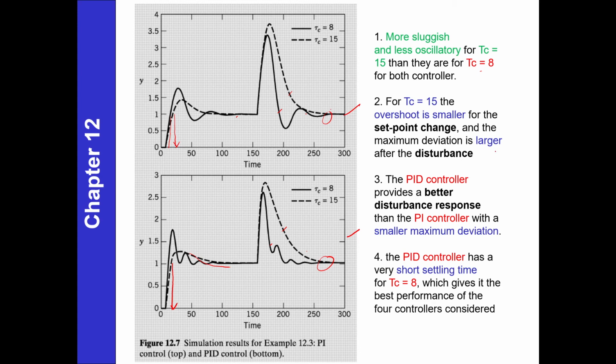The second one is divided into set point change and disturbance change. This graph can be divided into two cases: on the left side is a set point change, and this one is a disturbance change. Previously, we have seen that a good controller should have good disturbance rejection together with good set point tracking.